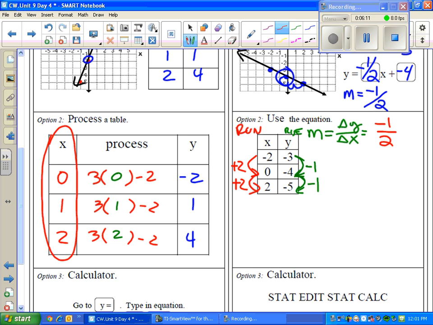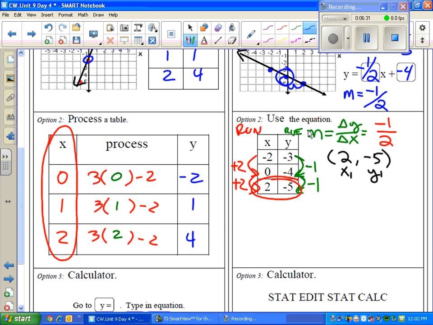Okay. From there, we want to plug this into our equation. Well, let's assume we can pick a point off the table. I'm going to pick the last one. And let's use this as our x1, y1. So I'm going to choose 2, -5 to be my x1 and my y1.